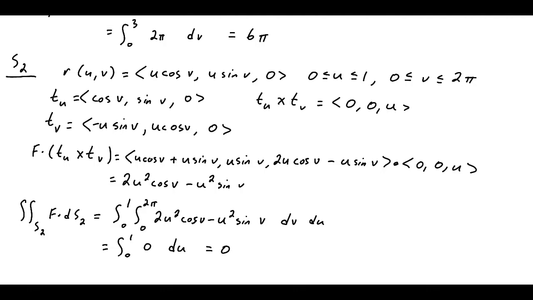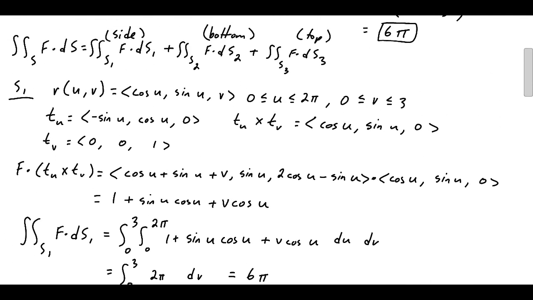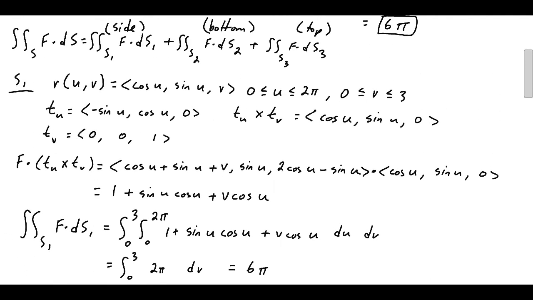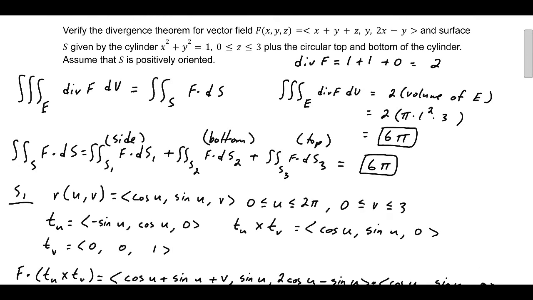So in fact, nothing else hinges on that, so it would also be 0. Therefore, the integral over surface 1 actually represents the entire surface integral, all 3 terms. So that sum is equal to 6π, which verifies that the divergence theorem holds for this specific case of this vector field with this surface.